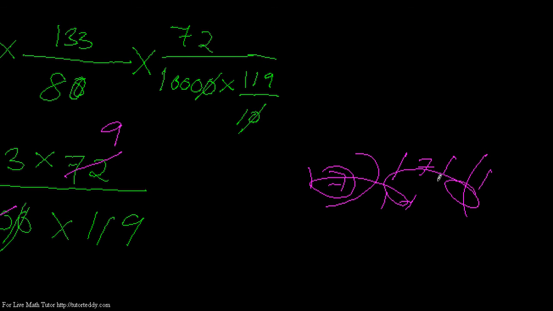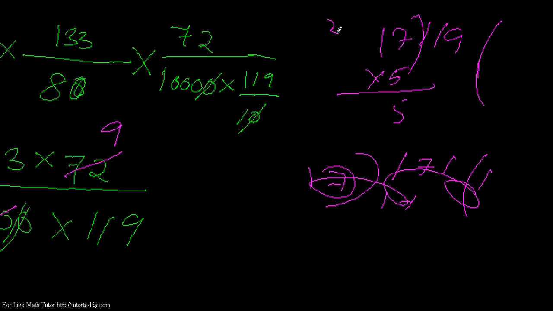Is it divisible by 17? Let me see. 17 into 5, say. This is 5 sevens are 35. I have 3 in hand. 5 ones are 5. 6, 7, 8. I have to move a bit further. That means 17 into 7 is 7 sevens are 49.